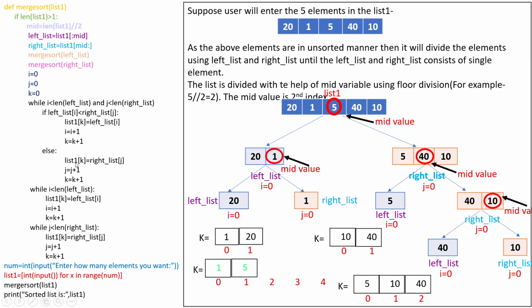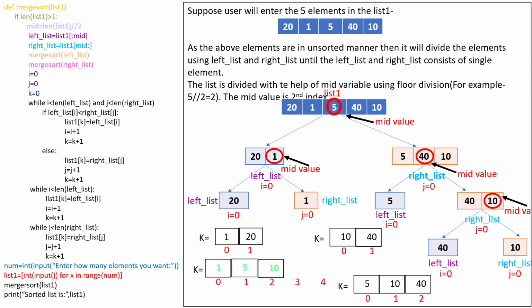Else part has list 1 of k, already incremented to 2. K's position is now 2, equal to right list of j, which is 1. Right list of j has the element 10, so 10 will go in the second position of k.